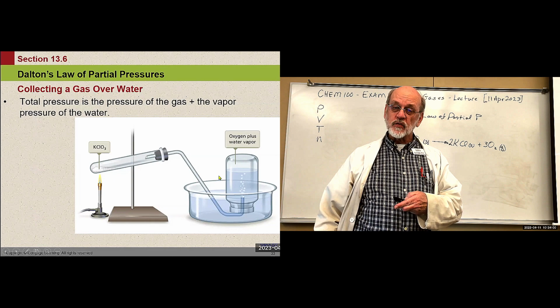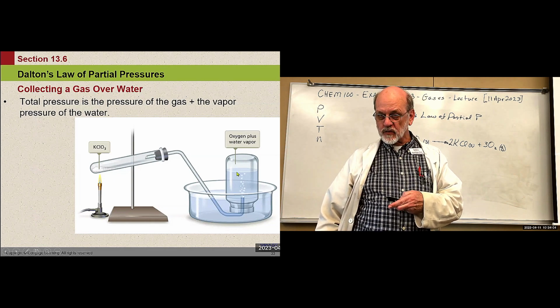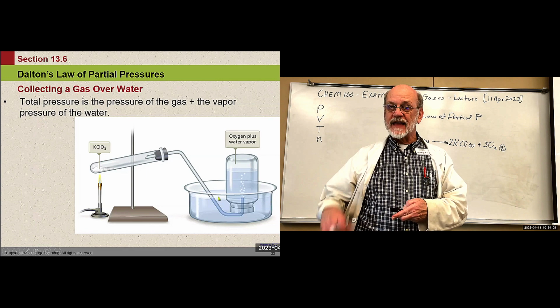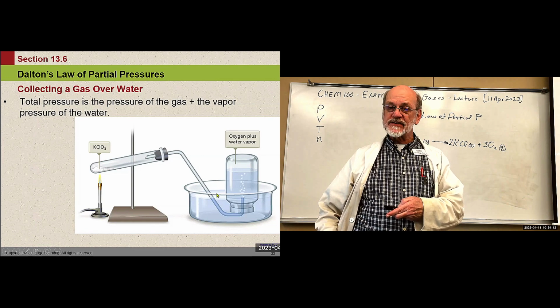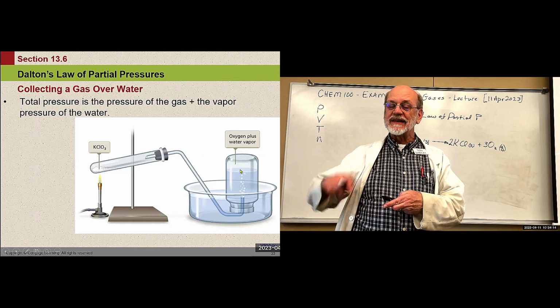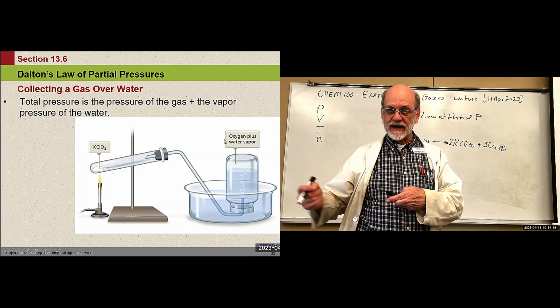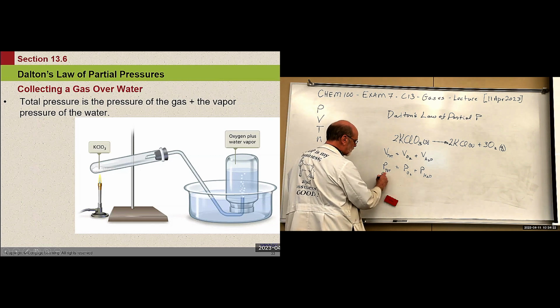So what you want to do is when you measure the volume, you want to drop this jar down to where the level of the water is equal to the level here. That eliminates atmospheric pressure as a problem. But it does establish the pressure inside now is equal to atmospheric pressure. Right? So the total here would be barometric pressure.